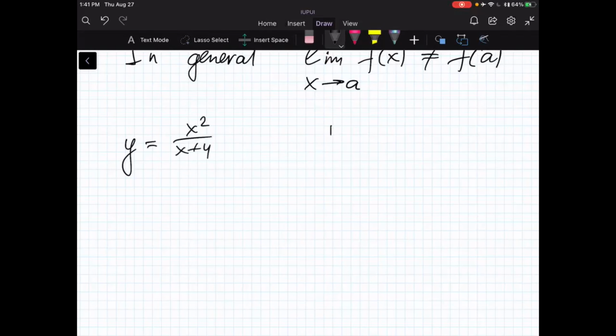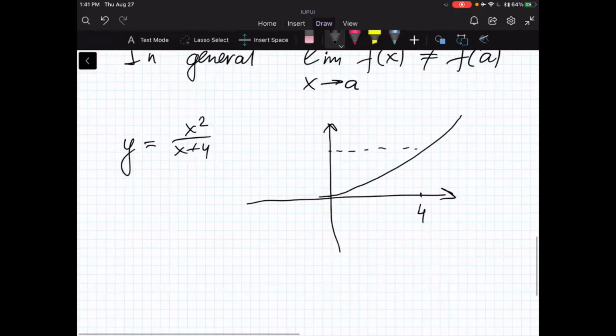And if you draw the graph of this function, it will look like this. And at point 4, you see that x will go to 4. So it will be here, then here, then here, then here, and then finally approach 4, and the value will be 2.